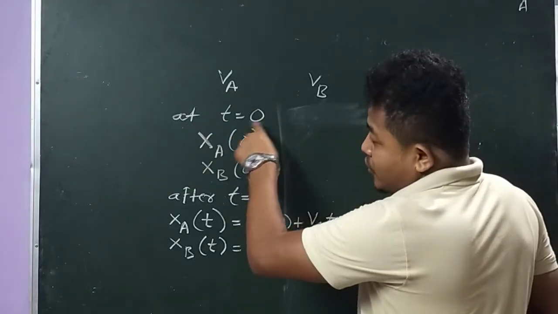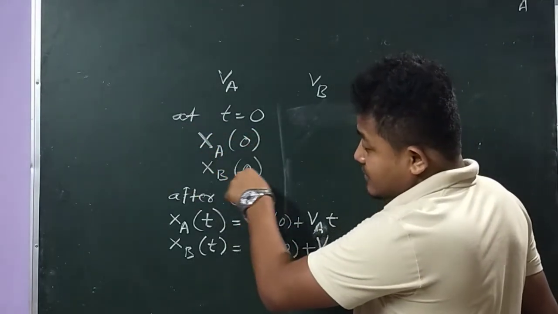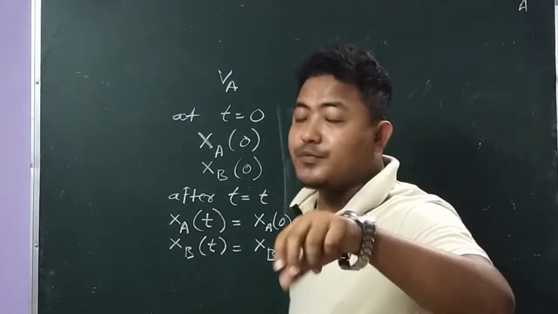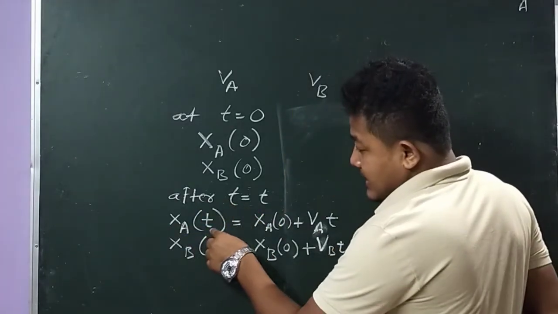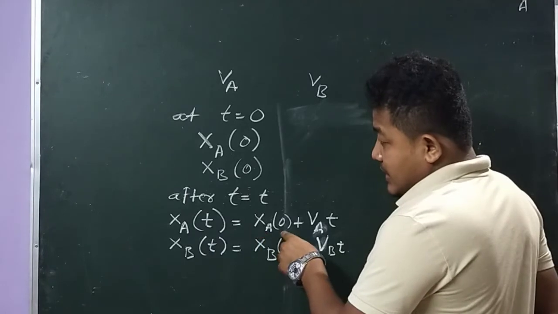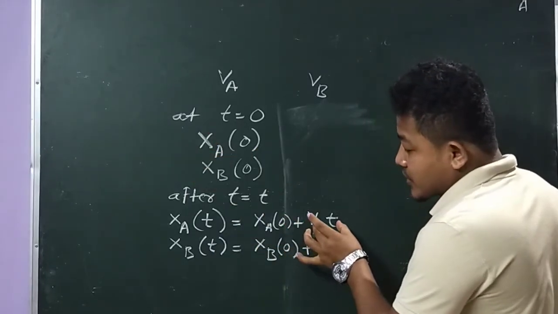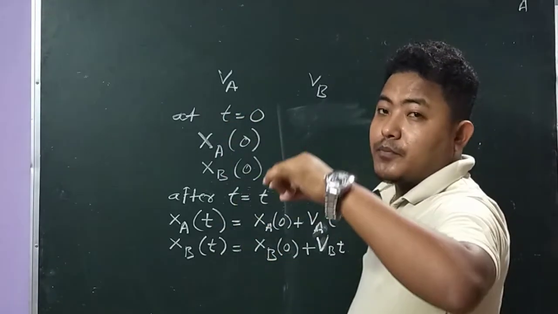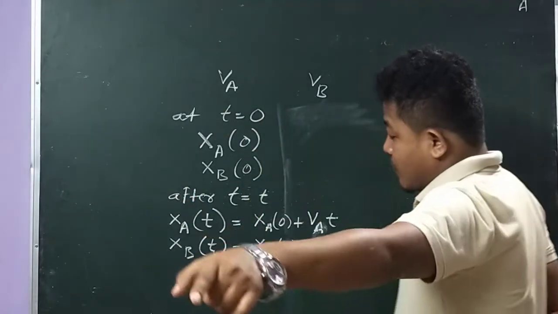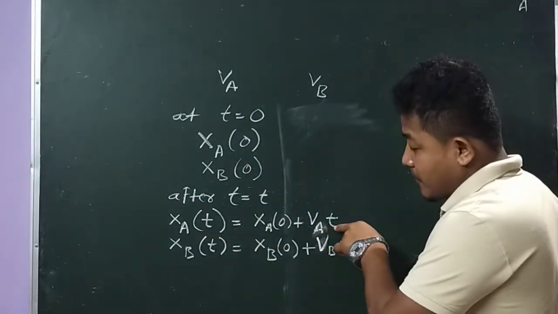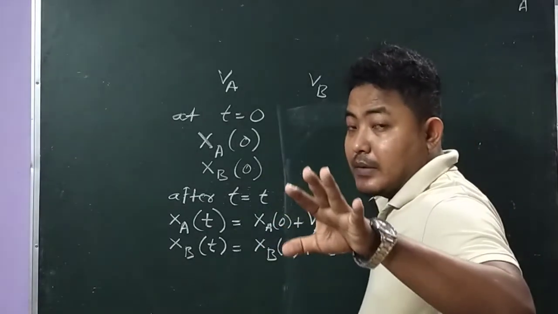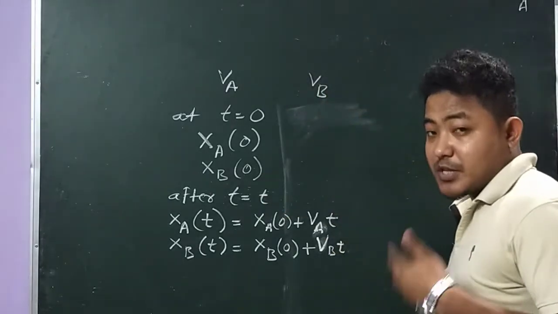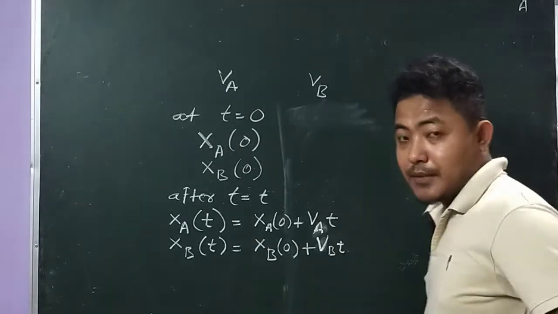When time was 0, the positions were XA0 and XB0 for object B. After t time, the position of the body is going to be XAt, this is XA0, the initial position, plus the displacement it has covered from time 0 to time t, that is VAt. This relation comes from the definition of velocity. As we know, velocity is equal to displacement by time, so displacement will be velocity into time. Is that clear?